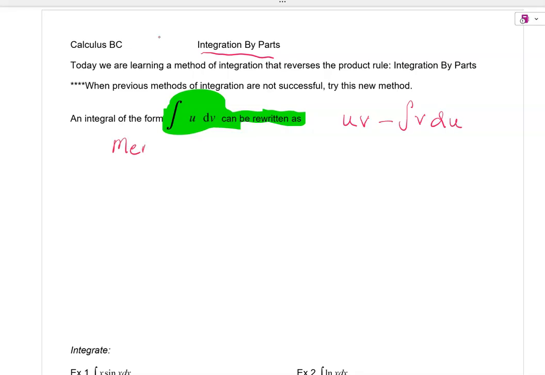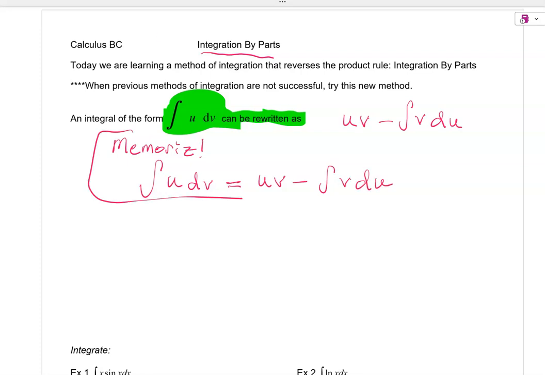And guys, this is what you want to memorize. This is definitely what you want to memorize. If you can look at an integral in this way, you're going to have this new right-hand side that you can work with. I think I need an E right there. Oops, my pen's going a little nuts.